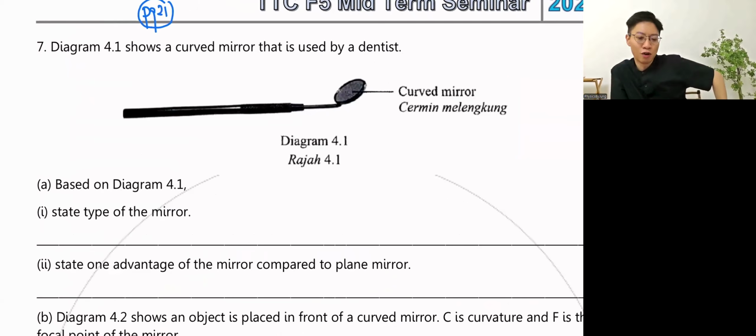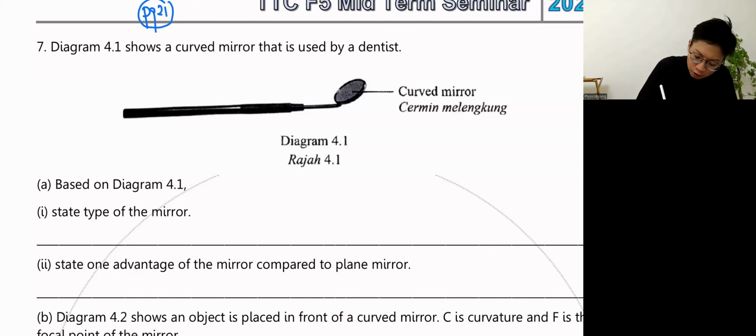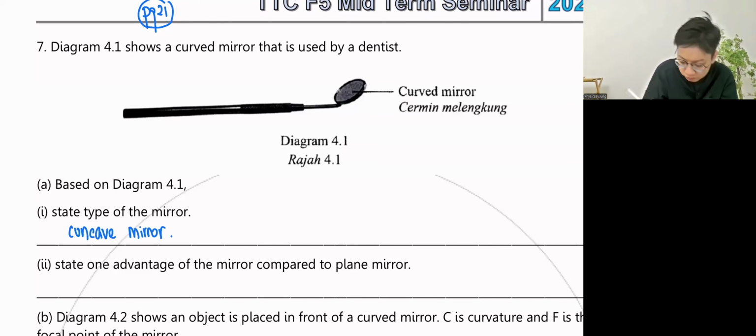Okay guys, is this very similar to what we discussed just now? So what mirror is this? Concave mirror. Okay, so what is the advantage of this mirror?